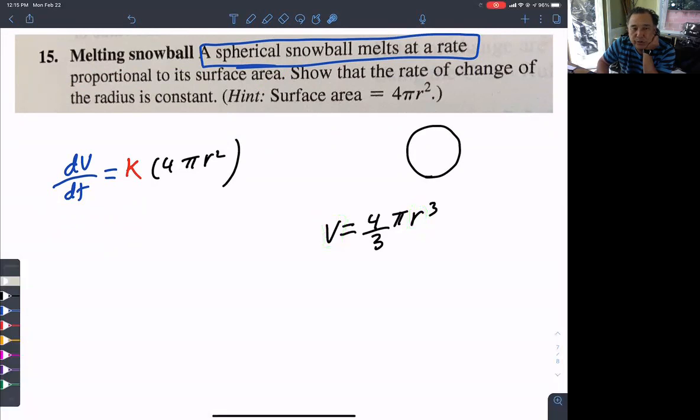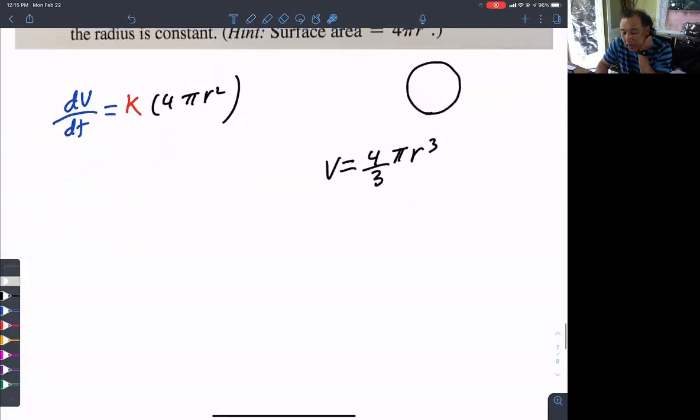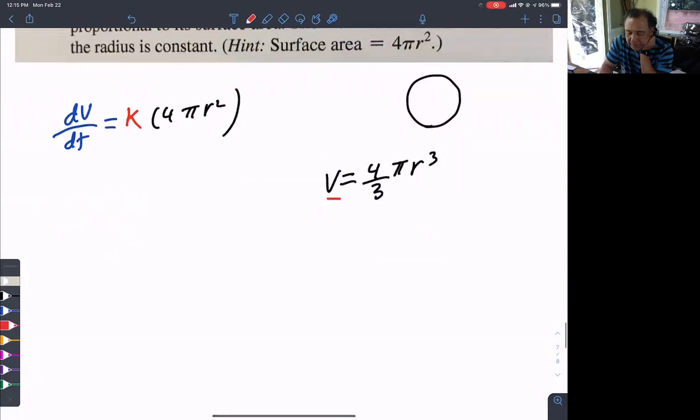So I can take the derivative of this, realizing that V is a function and r is a function. Our variable is t, so those become box in our problem. Okay, we treat them as box. So what's the derivative of V if V is a function?